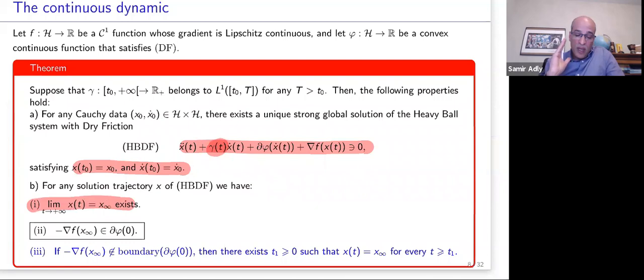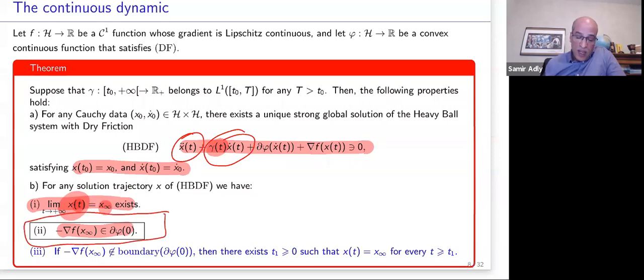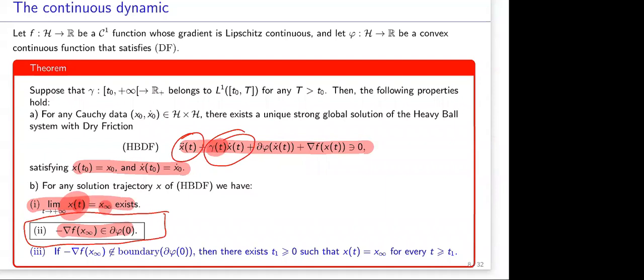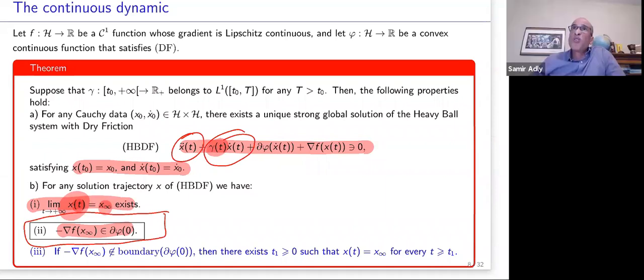But we will have that the trajectory x of t, since you are working here in time t in the interval 0 to plus infinity, will converge to some point x infinity. And this point will satisfy, since you see here that the acceleration will vanish and this term, the viscous friction, will vanish, this inclusion number 2, which means that minus the gradient of f at x infinity is in the subdifferential of phi at 0.